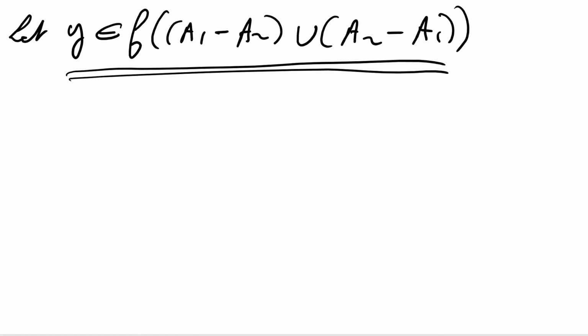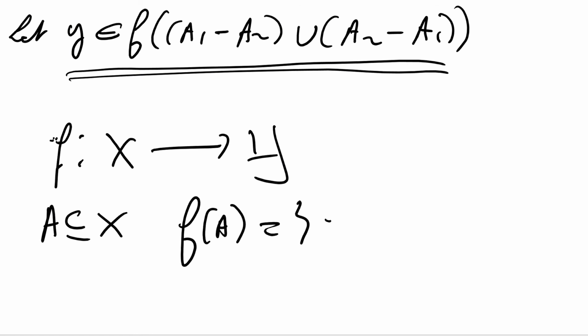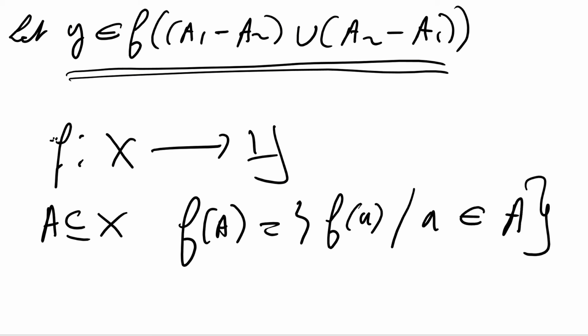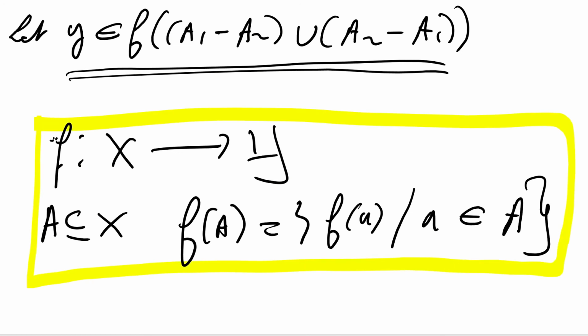So when you have a set A, and a function f from X to Y, and A is a subset of X, then f of A is the set of f of a such that a is in A. This is a very, very important concept, because that's what we are going to use here.